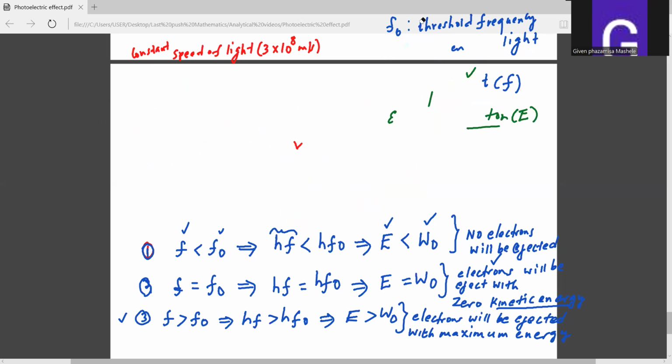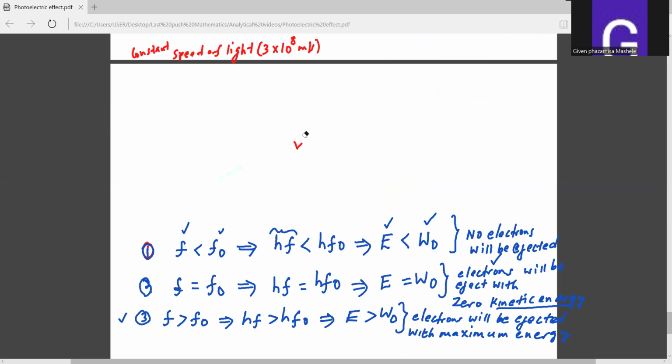So now, let's take this further. Because we know that when the frequency of light is bigger than the cutoff frequency, electrons will be ejected with maximum kinetic energy. What does it mean?